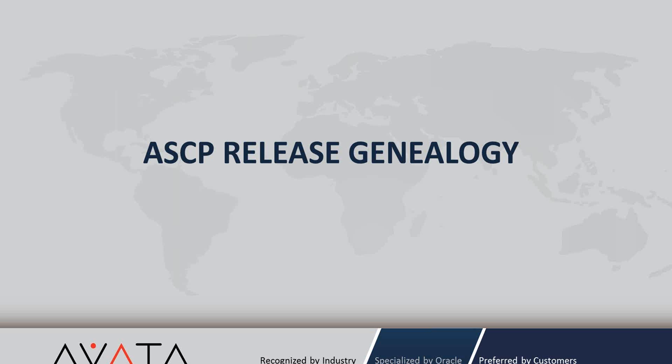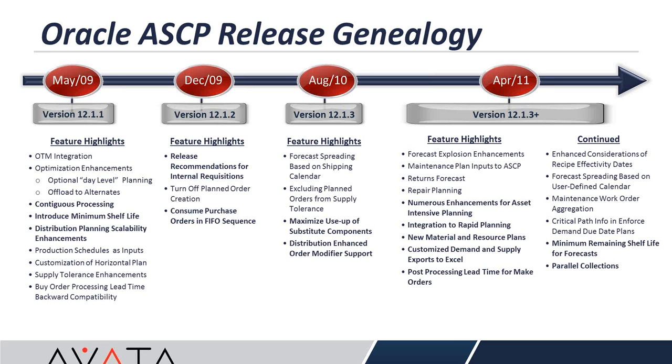So I'm going to quickly go over the ASCP release genealogy. And as Jim had said, why this is important is it's not just enough for you to know what you're landing on in 12.2.5. As amazing as 12.2.5 is, you're also getting all the incremental enhancements that have been done over the last 7 years. So it's important that you know those because you're going to get all of those and understand which ones are applicable to your business.